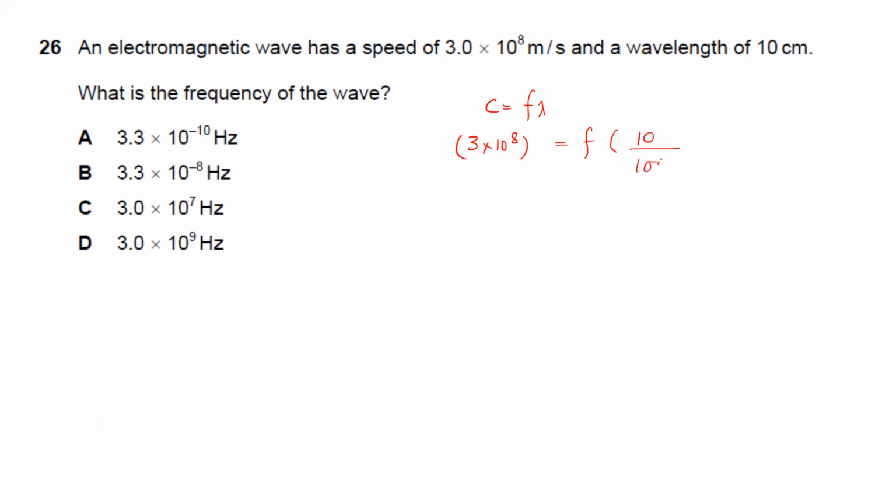Remember, we have to use meters as our units, so do not forget this. 3 into 10 to power 8 multiplied by 100 divided by 10 is the frequency. This is 3 into 10 to power 9, or you can say 3 gigahertz. Answer D is the right choice.